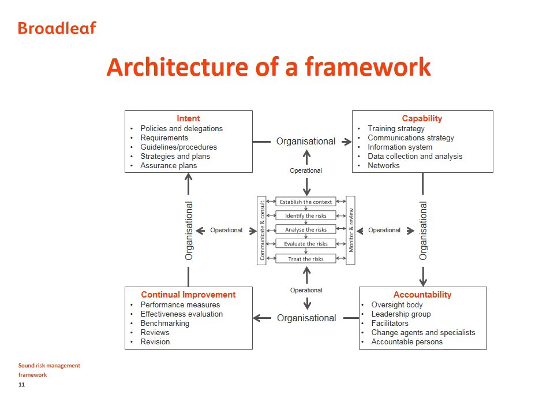What you'll see with this slide is Broadleaf's view on the general architecture of a framework. The 4 boxes are the key elements in the framework, and these are based on the Plan, Do, Check, Act cycle. And within each of the boxes, as bullet points, are the components which we think are essential for effective risk management.